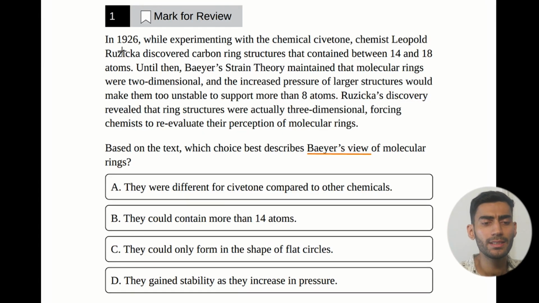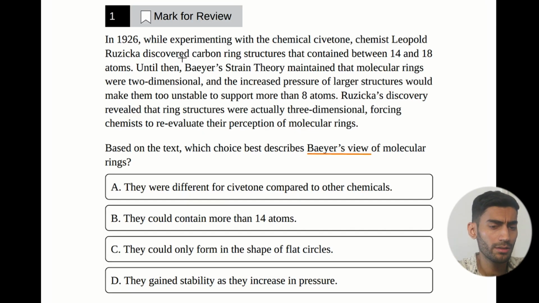So let's read. In 1926, while experimenting with the chemical civetone, I might not know what civetone is. It sounds scary, but I don't need to know. With the chemical, it's already telling you it's a chemical. So in 1926, while experimenting with some chemical, chemist Leopold Ruzicka, this is not Bayer. Keep that in mind.